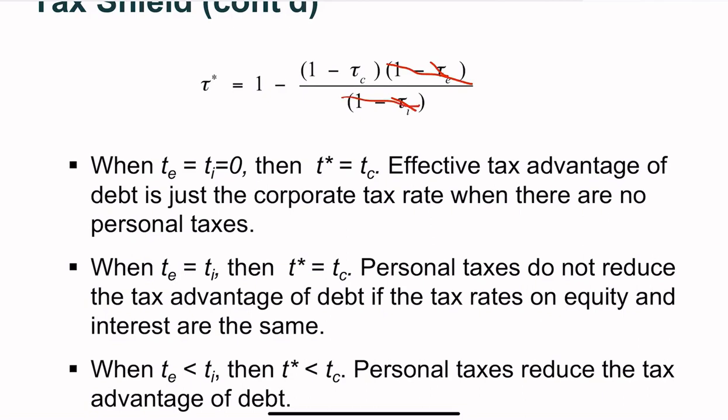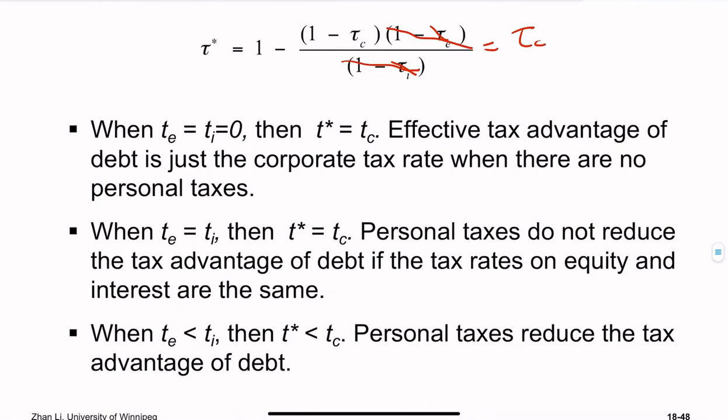They will just cancel out. So this gives us TC. This basically says when there are personal taxes, but the tax on equity income and the tax on the interest income are the same, then personal tax will not reduce the tax advantage of debt.